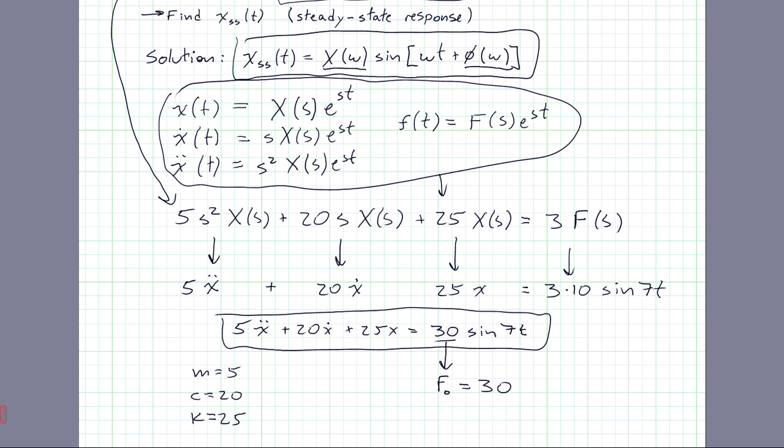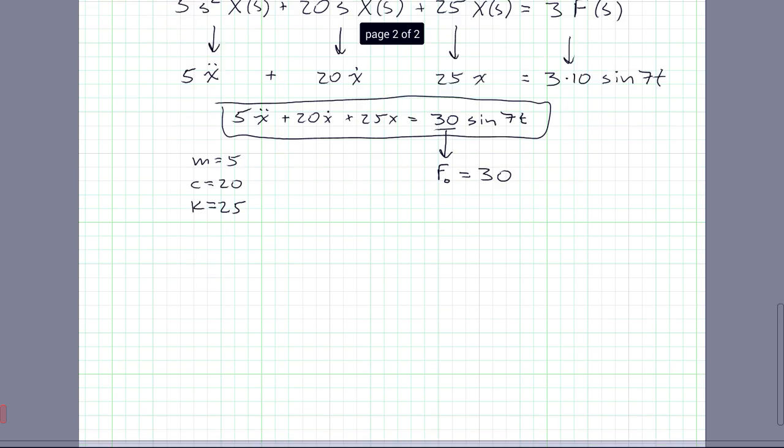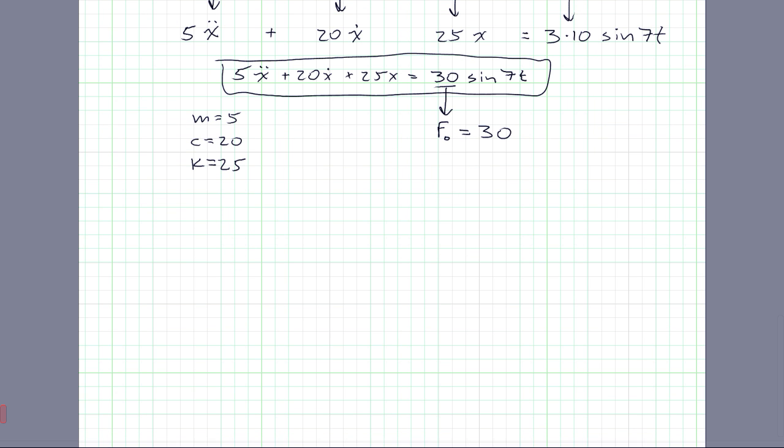If you go through your notes, you're going to find these two equations that I gave you early on. One is that X omega is F naught divided by the square root of (k minus m omega squared) squared plus (c omega) squared.